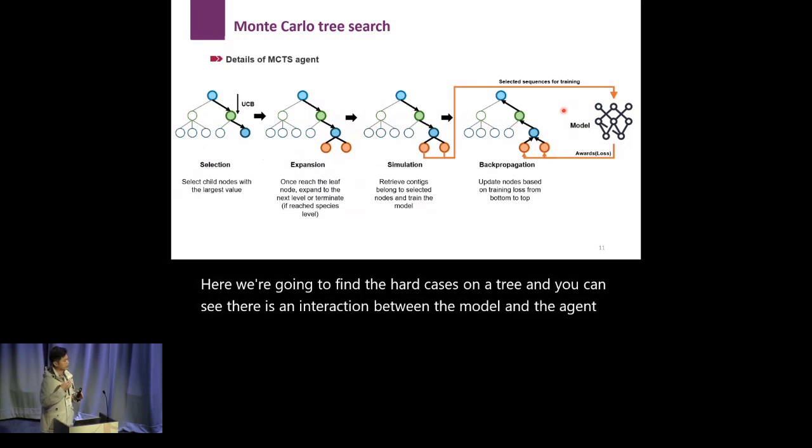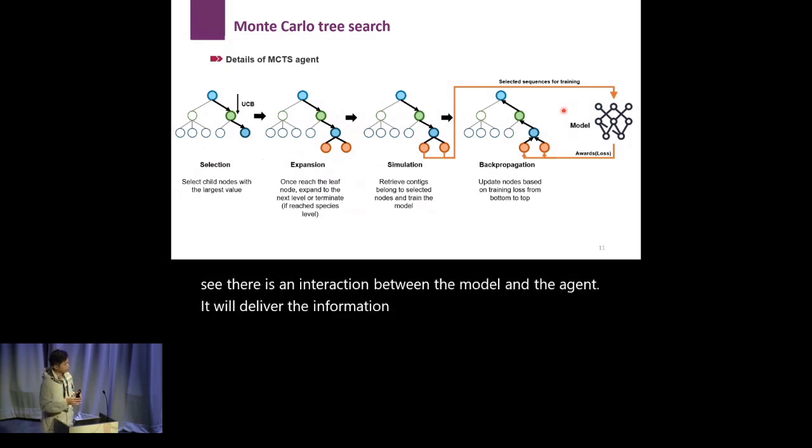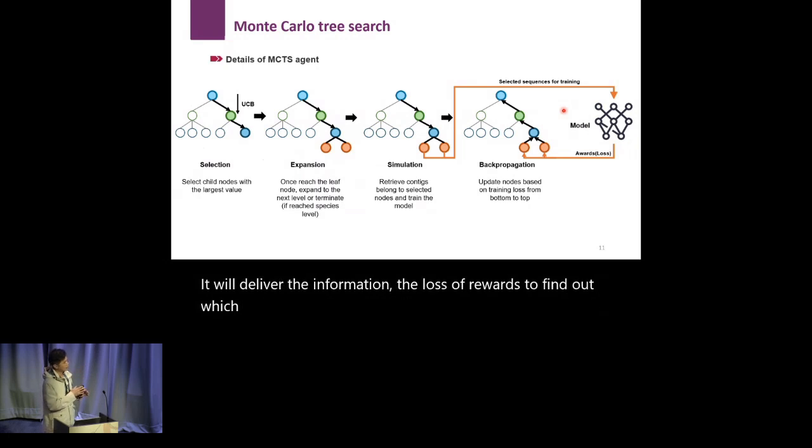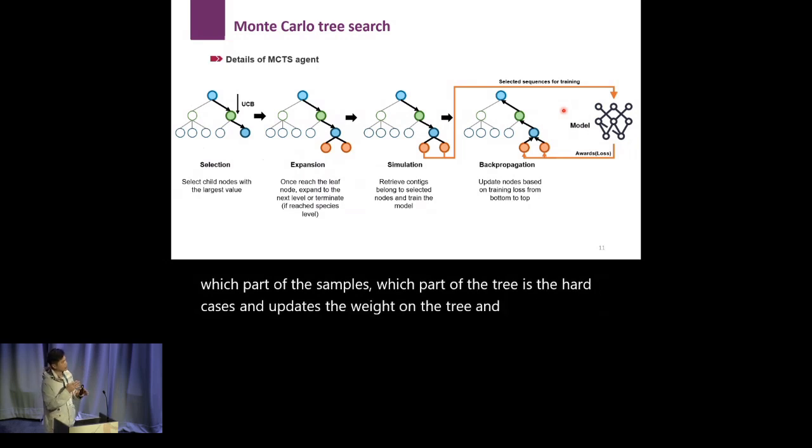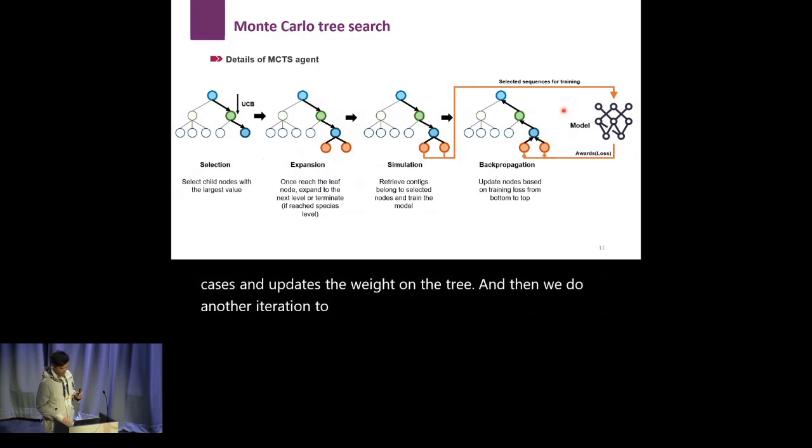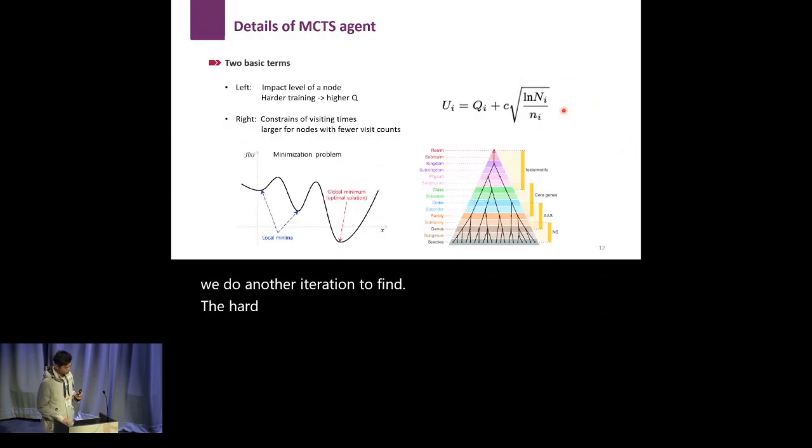It will deliver the information, the loss, the rewards, to find out which part of the samples, which part of the tree is the hard cases, and update the weight on the tree. And then we do another iteration to find the hard cases.